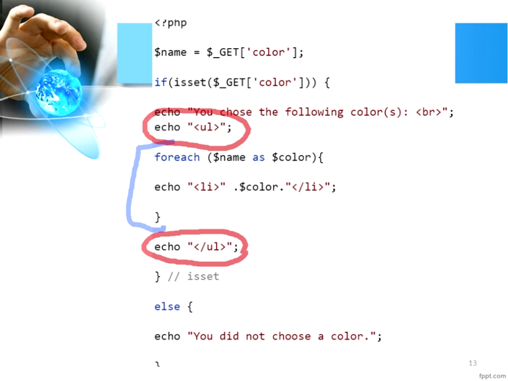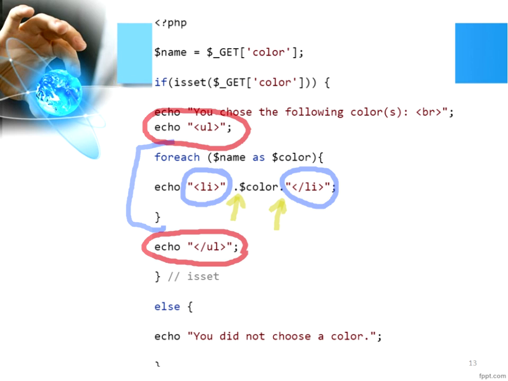After that, here, before $color, I will add LI, and after $color, I will add /LI. And I will use dot to make concatenation. So dot here and dot here.